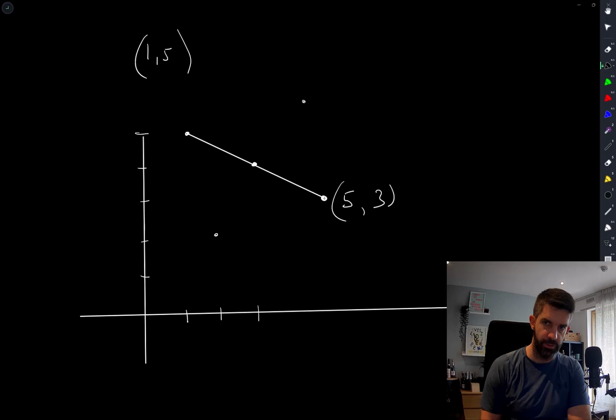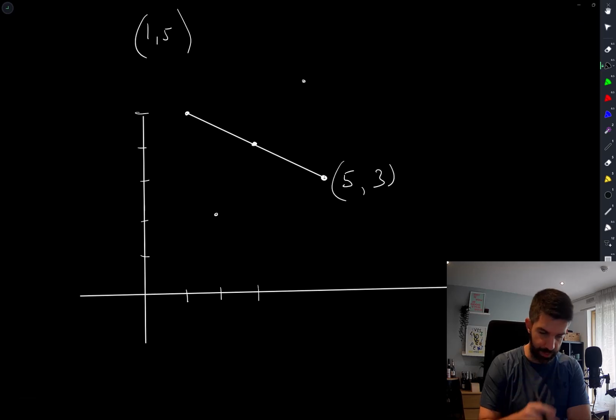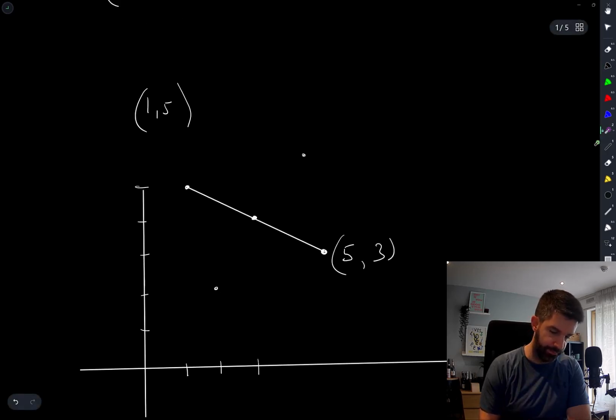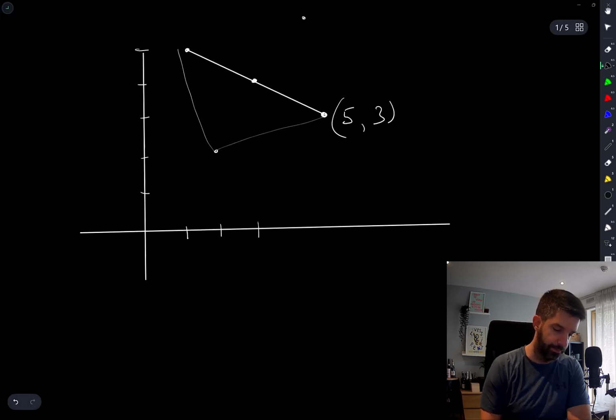Should I just guess and check? I mean, even just graphically, it looks like that point is 2, 2, which is one of the options. And I could maybe verify that these lengths are the same from 2, 2, and also that it forms a right angle.